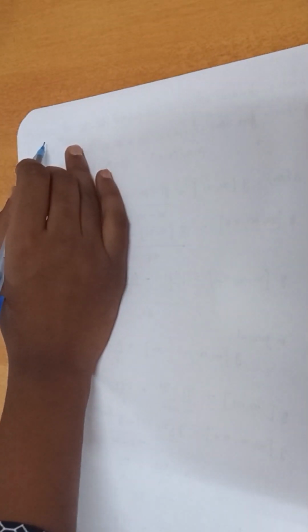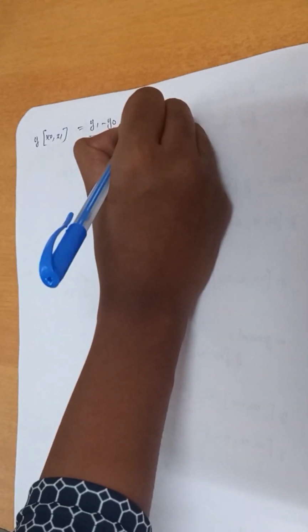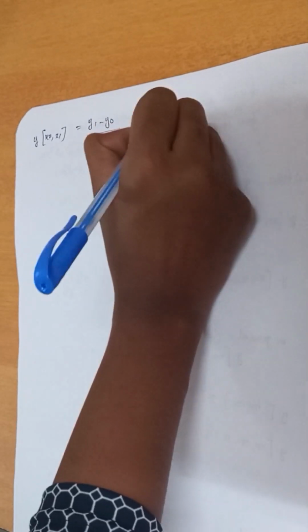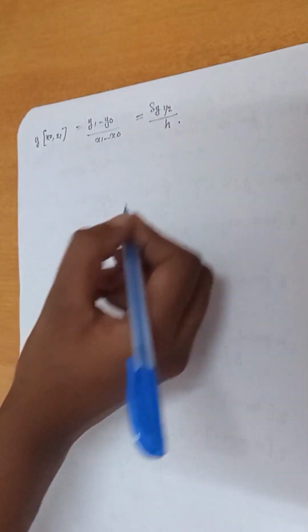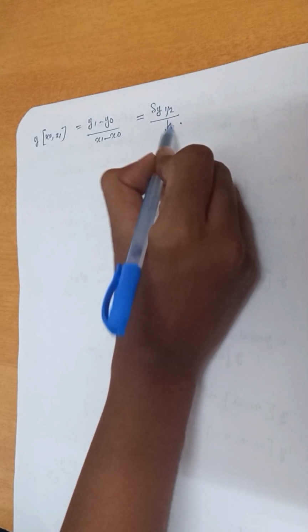So, in terms of central differences, y of x0 comma x1 is equal to y1 minus y0 divided by x1 minus x0, which can be written as small delta y of half divided by h. That is, the Newton's divided difference interpolation formula is expressed in terms of central differences.